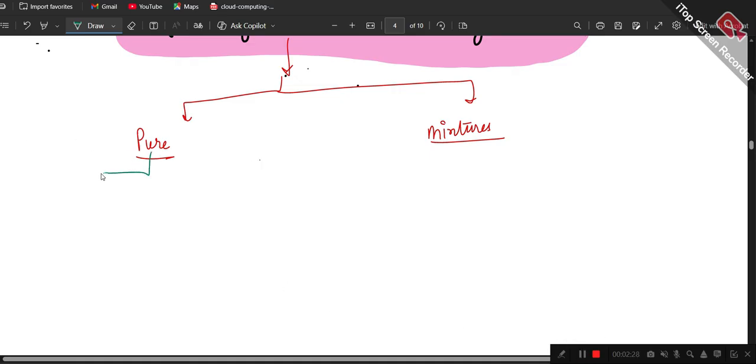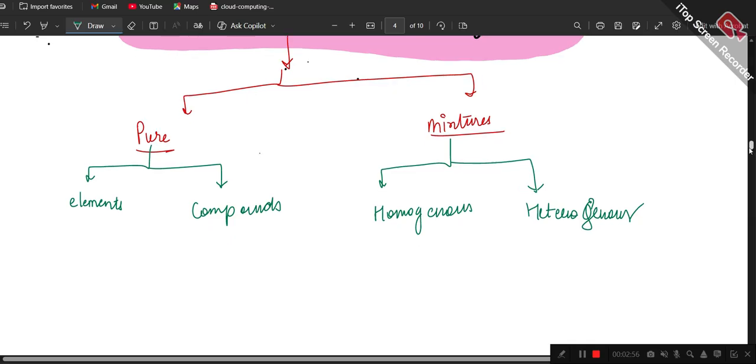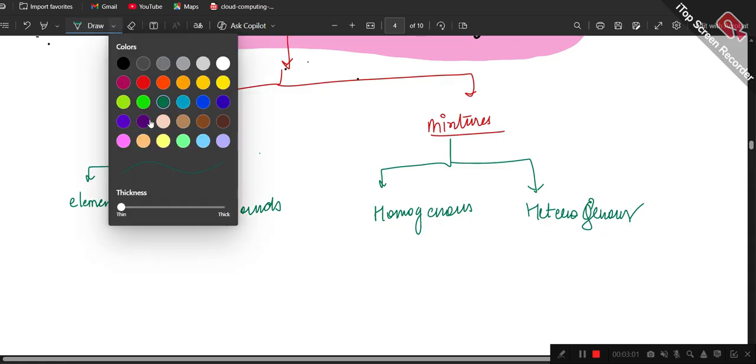The pure substance is further classified as elements and compounds, and the mixtures are further classified as homogeneous and heterogeneous. Again, I've given the complete flowchart in the previous video. You can check that out. It is going to be very helpful. So this is what we are going to study in this topic of mixtures and pure substances.